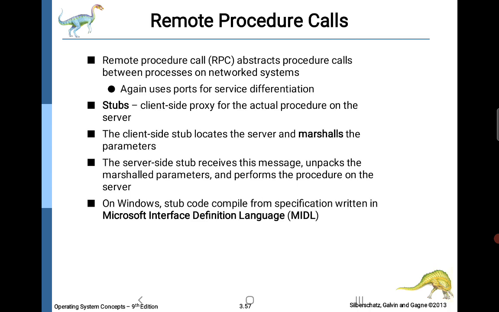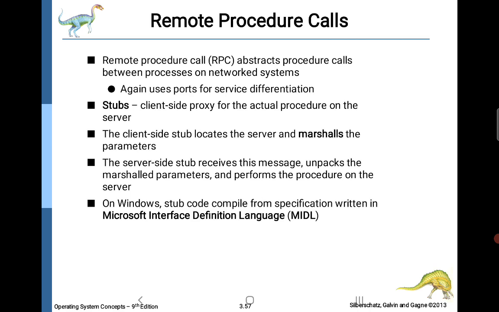For this, there are steps on the client side that proxy the actual procedure on the server side. These steps receive the call from the client, locate the server on the network, and marshal the parameters, sending them to the server.